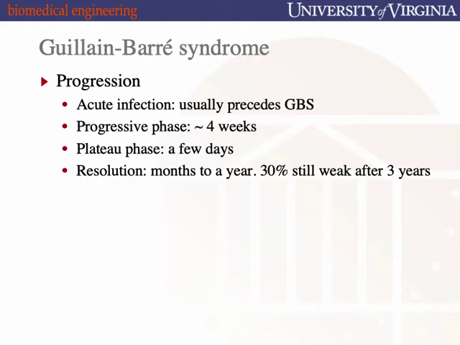There's what's known as a progressive phase that exists for about 4 weeks. It's going to plateau, and then the resolution of this disease really takes an exceptionally long amount of time, months to years. And in fact, the statistic is 30% of individuals that suffer from Guillain-Barré still have weakness after about 3 years.